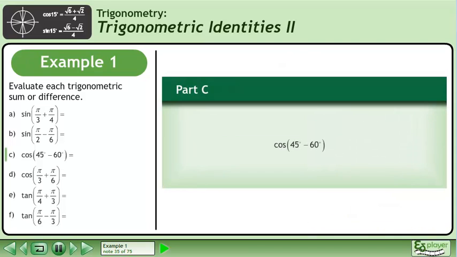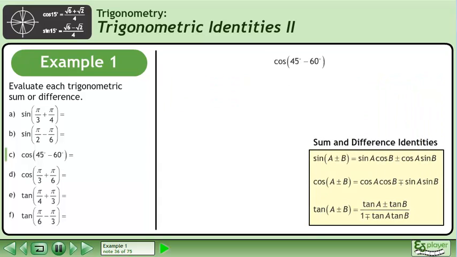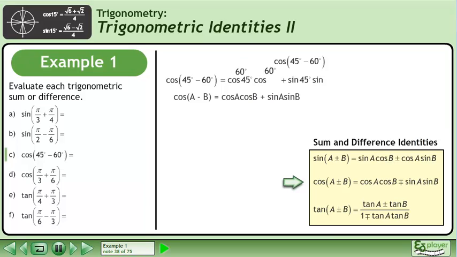In part C, evaluate the cosine of 45 degrees minus 60 degrees. Bring up the sum and difference identities. Use the difference formula for cosine. Plug in the angles.